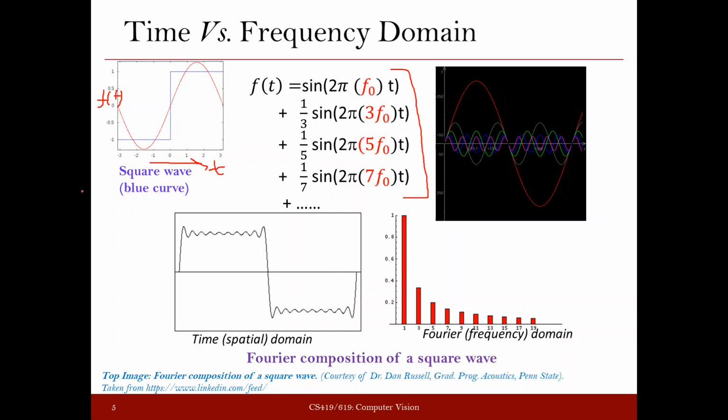In this original domain, the waveform is defined as I just said, f(t) equal to -1 for t between -3 and 0, f(t) equal to 1 when t is between 0 and 3. With the help of Fourier series, this square waveform can be defined with the help of a weighted sum of sine and cosine functions.